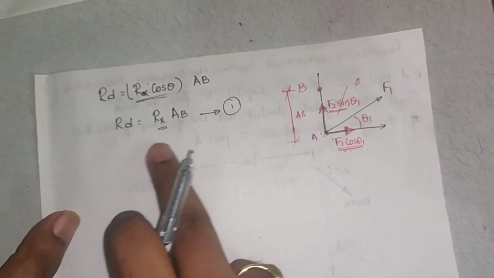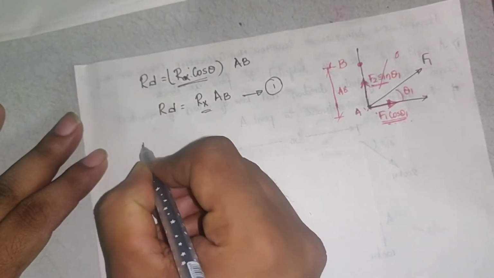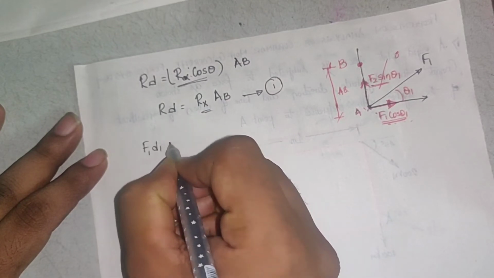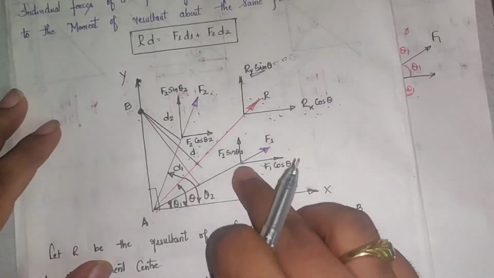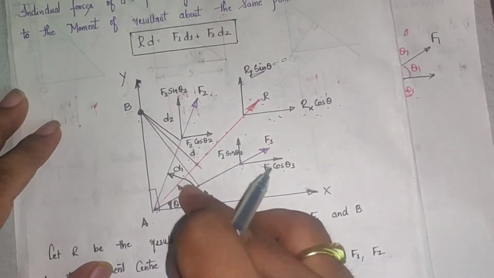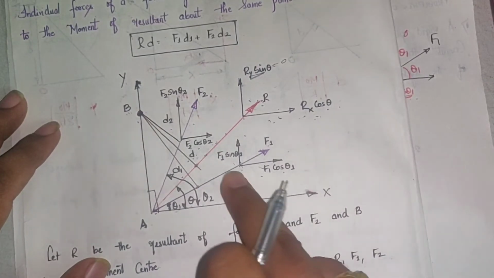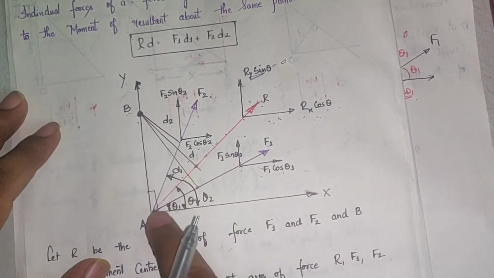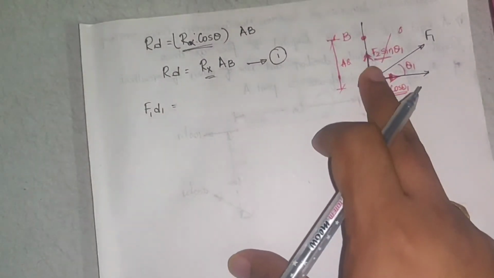Similarly, on the same hand, if I take the moment of F1 into D1, what is this F1 into D1? Force F1 into its perpendicular distance D1. Where should I place these two forces? I should place them at point A such that F1 sin theta 1 is 0, which you can see here.